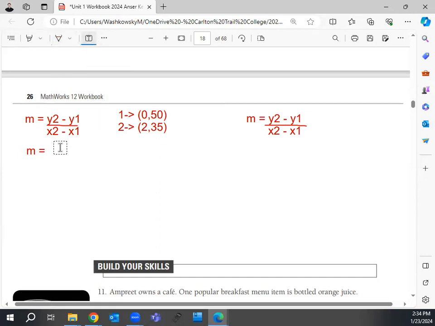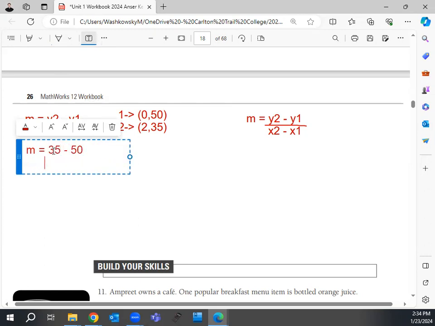So y2 is 35 because it's the second point I see as I read it from left to right. I know it's a negative slope. One of those numbers has to end up negative. Subtract, x2 minus x1. So 2 minus 0.